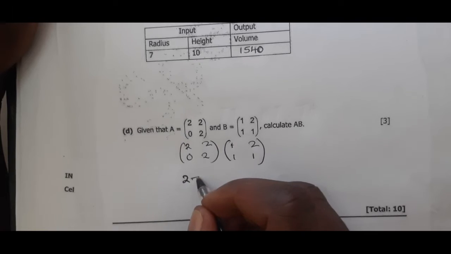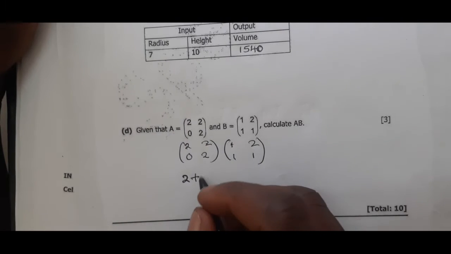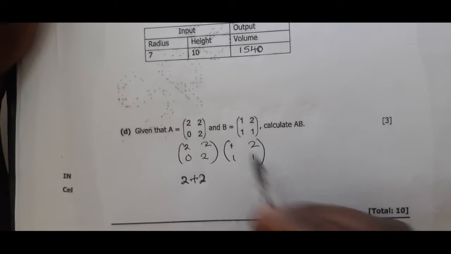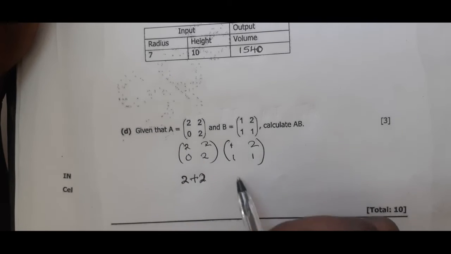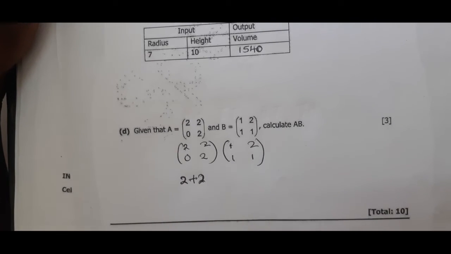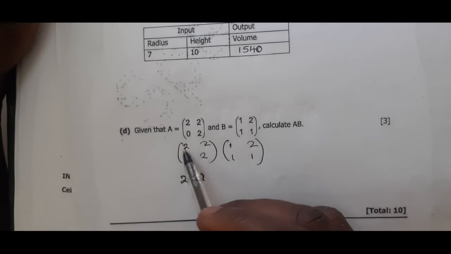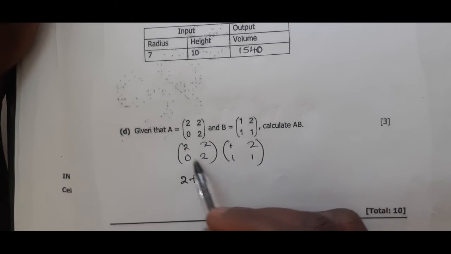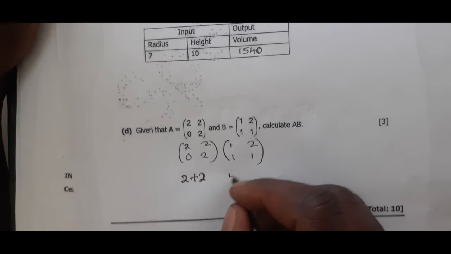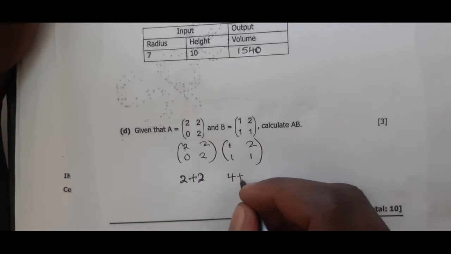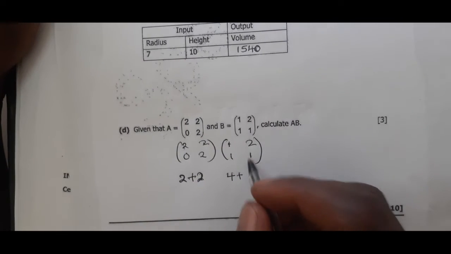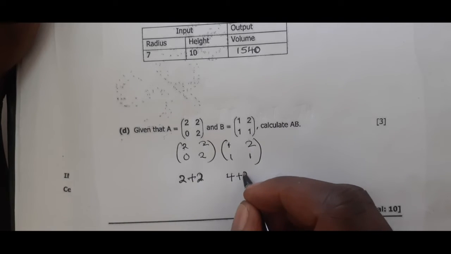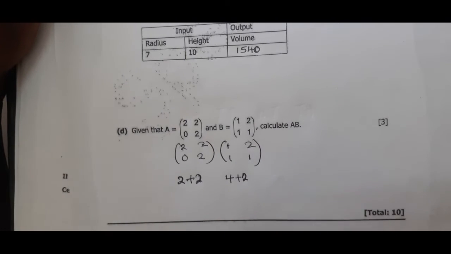Plus 2 multiplied by 1, we get 2 also. And we multiply row by column. Those are the rules of multiplication of matrices. So we use row by this column. So we have done the first one. So we come to 2 multiplied by 2, we get 4, plus 2 multiplied by 1, we get 2. We are done with the first row.